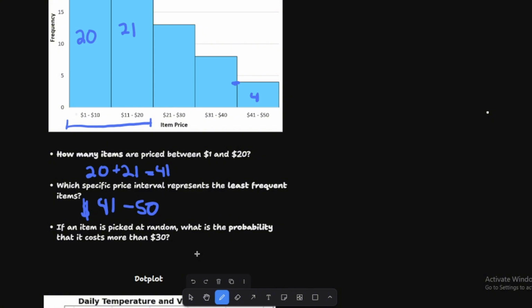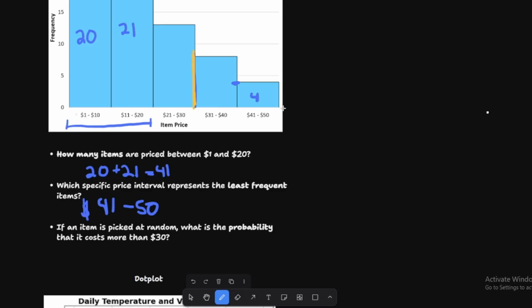If an item is picked at random, what is the probability that it costs more than $30? So we're going to be kind of combining it with probability. So the first thing here is we want to see how many data points are above $30, right? So let's look at that. Here, let me actually use yellow to show that we're here. So this is past 30, right? Since this is the 21 to 30 mark.